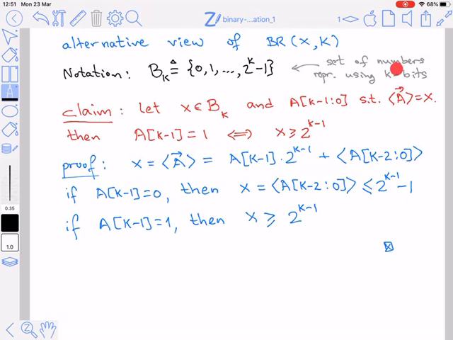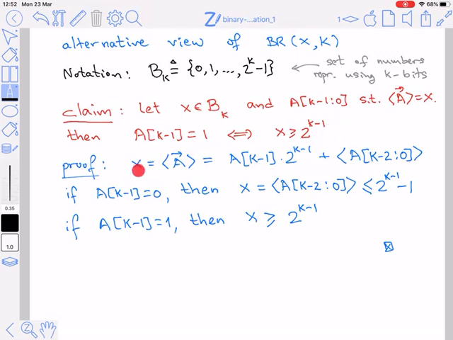Now, we claim that if x is in bk and a is a k-bit string such that a represents x in binary representation, then the most significant bit of a is 1 if and only if x is greater than or equal to 2 to the power of k minus 1. This is exactly the threshold that we saw in the binary representation algorithm.